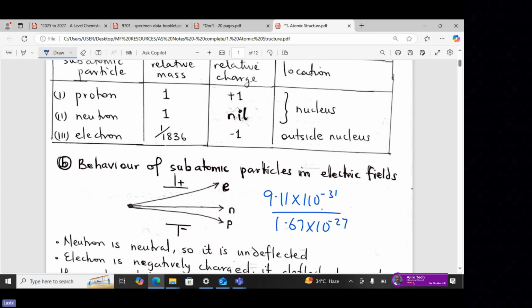The proton is our reference, with a mass of 1, and so is neutron. What is the mass of electron compared to proton? It should be 1 over 1836. This is electron, no, this is proton. So how many times is a proton heavier than an electron?